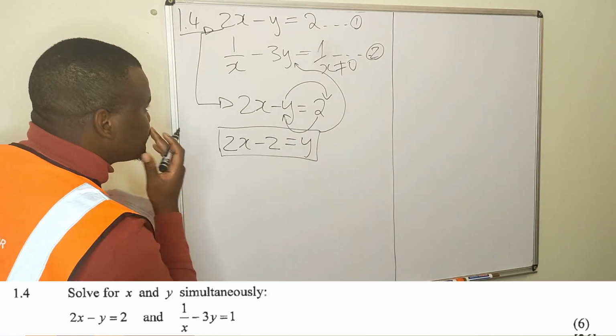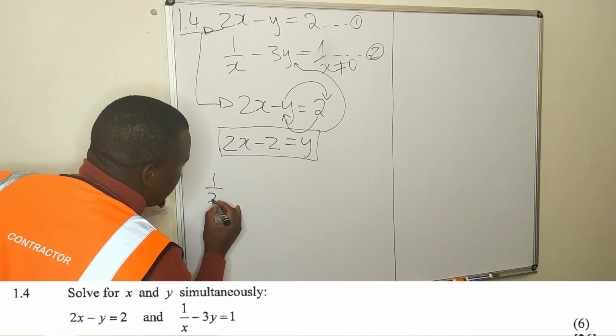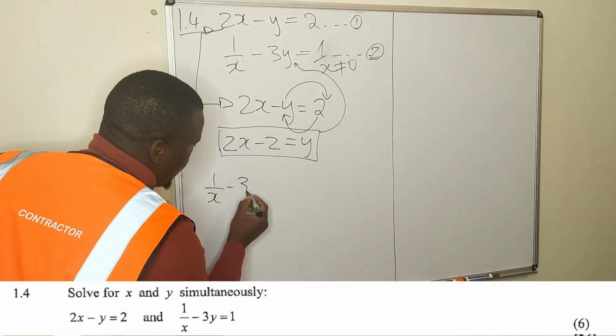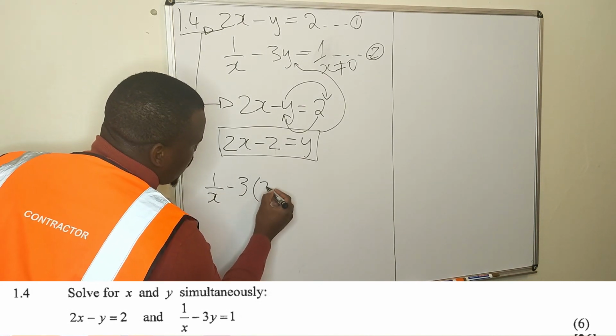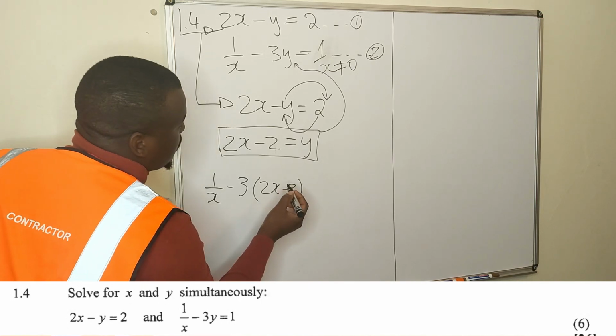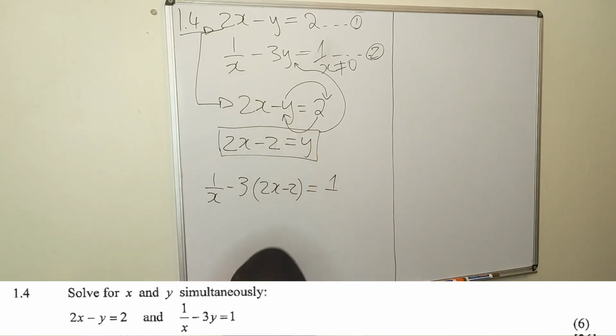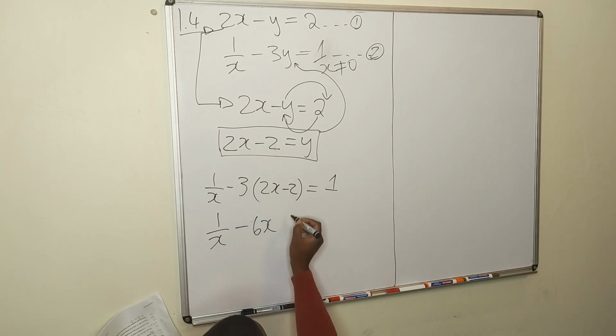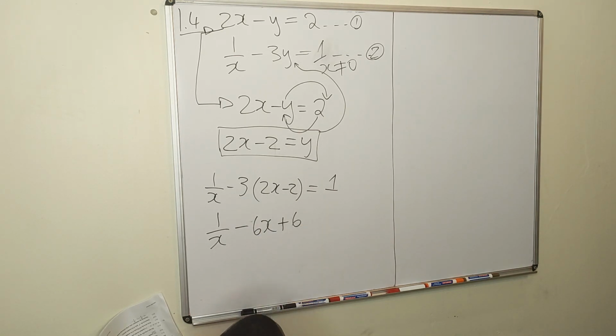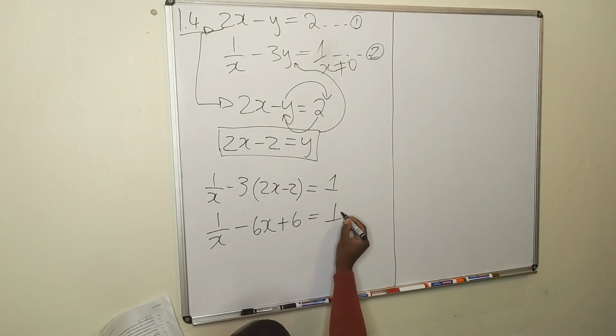So now we have 1 over x minus 3y. What is your y? Your y is 2x minus 2, is equal to 1. Then what do we do? You say, okay, 1 over x minus 3, this times that's 6x, this times that, plus 6 is equal to 1.